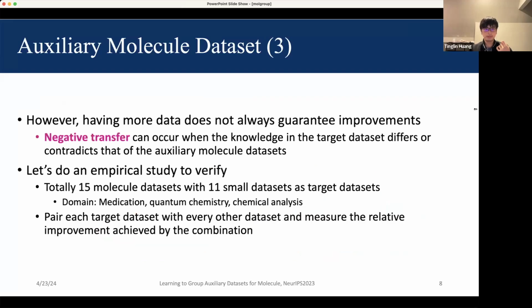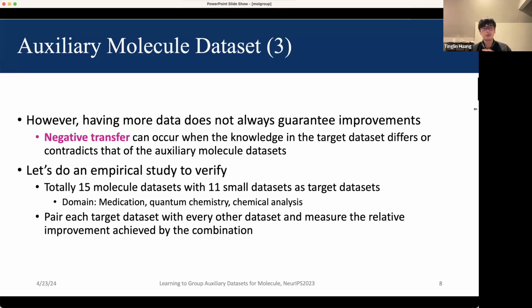But there is a challenge: negative transfer can sometimes occur when combining multiple sources of information, because the knowledge in one dataset may contradict that of other datasets.